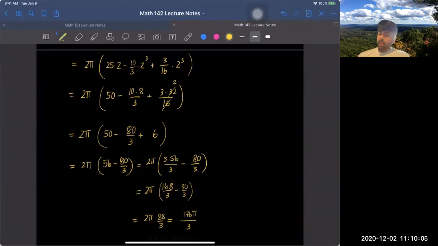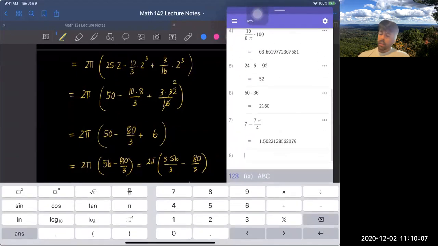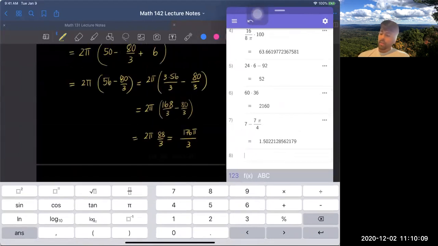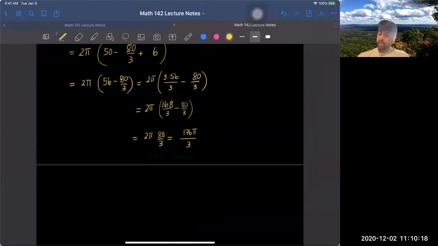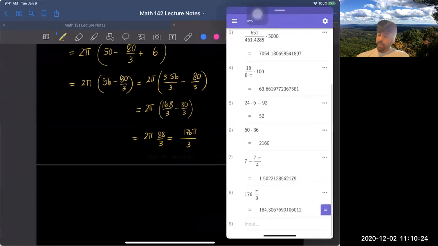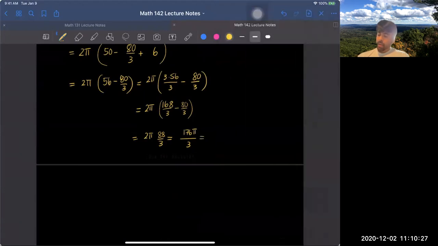Is that right? Let me just find the decimal expansion of this. This is 176 pi divided by 3. And that is correct. Everybody with me? So this is 184.307.